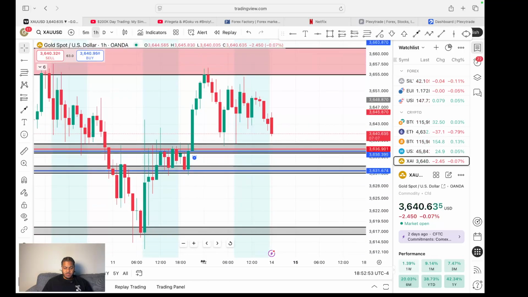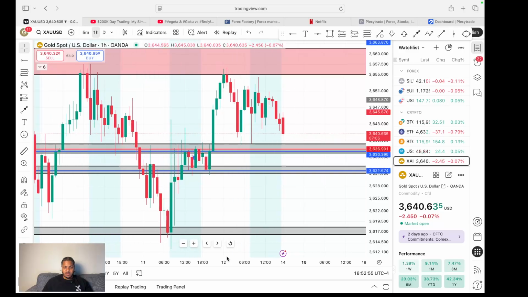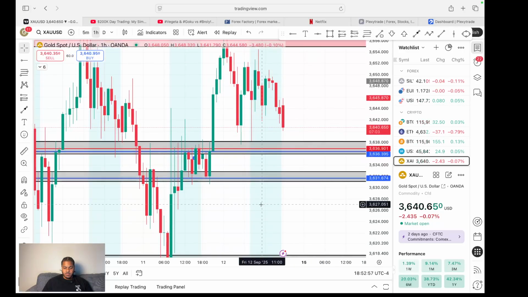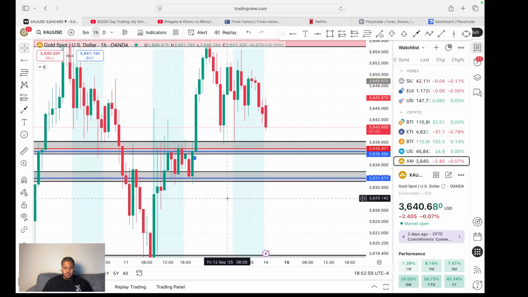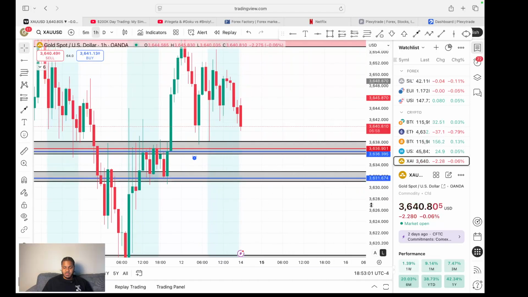So as far as trades go, you definitely want to be looking for buys. I would say find the best setup for buys on gold and just hold it right now. I think this is a time in history where we should definitely be holding our trades versus trying to get quick in and out trades.